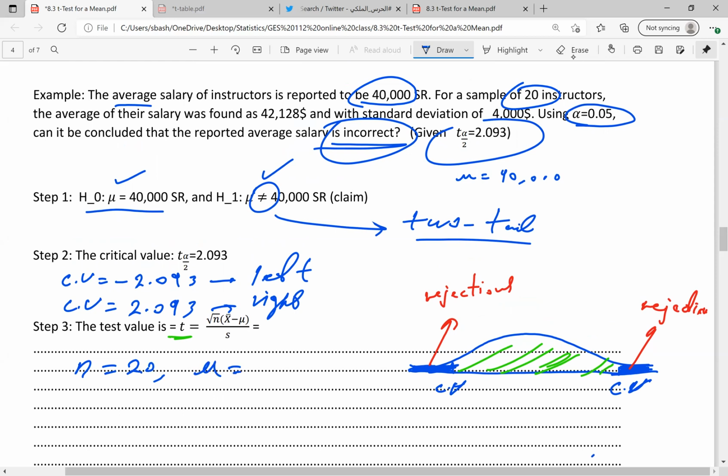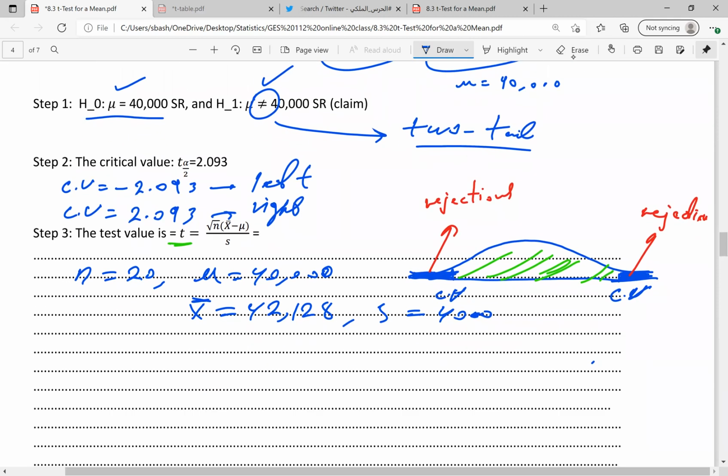Mu is 40,000. And we have the mean of the sample, which is X bar, equal to 42,128, and S equal to 4,000, the standard deviation.